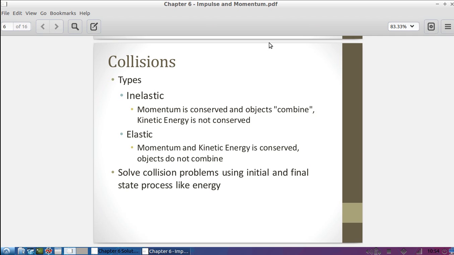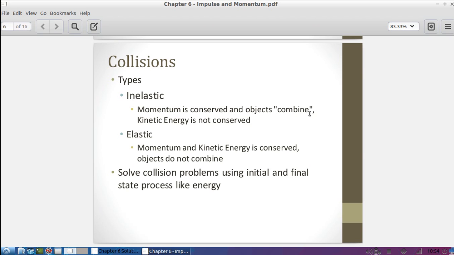The system has kinetic energy initially, one object at least has to be moving. But kinetic energy is actually lost during the collision. So kinetic energy is not conserved, but the momentum of this two object system is conserved. So that's an inelastic collision: two objects come together, combine, and move together as one object.